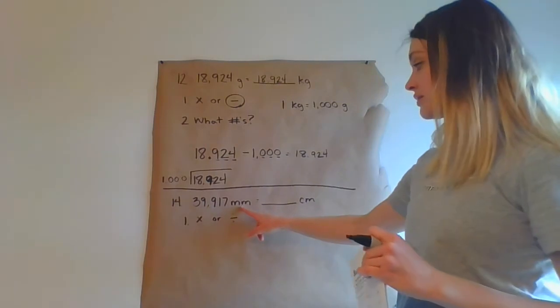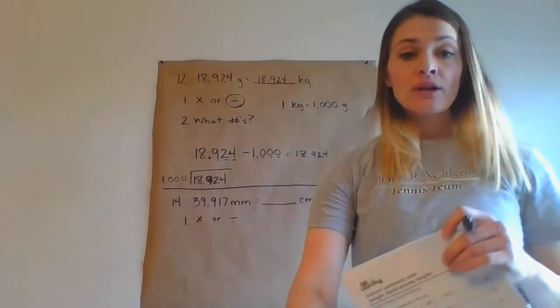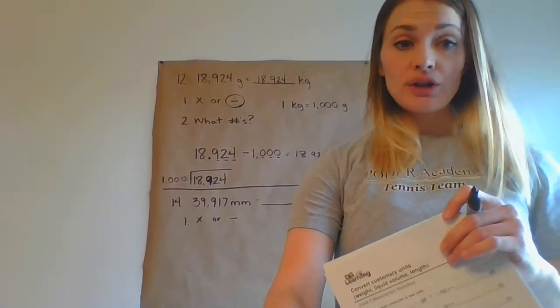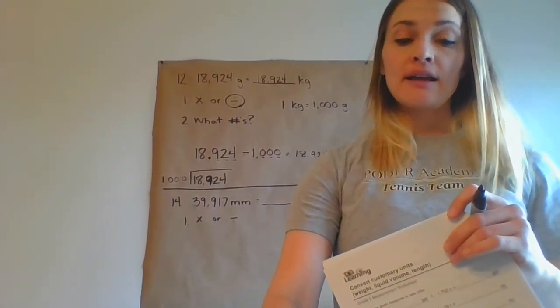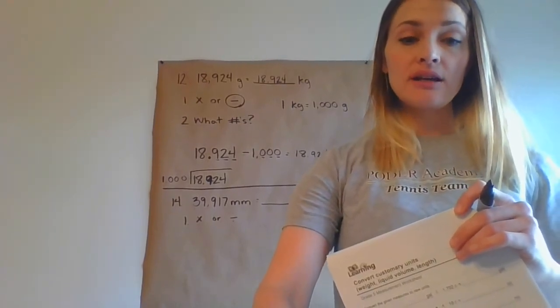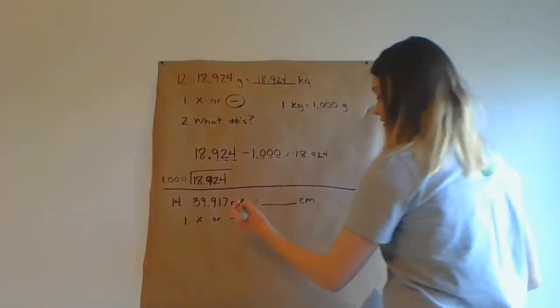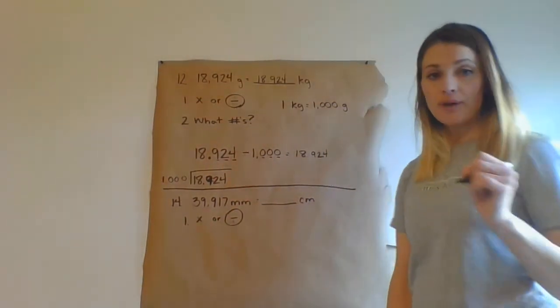Okay, millimeters is smaller, centimeters is bigger. So I'm going from a smaller unit to a bigger unit. And when I go from small to big, I divide. So, let's figure out step one.